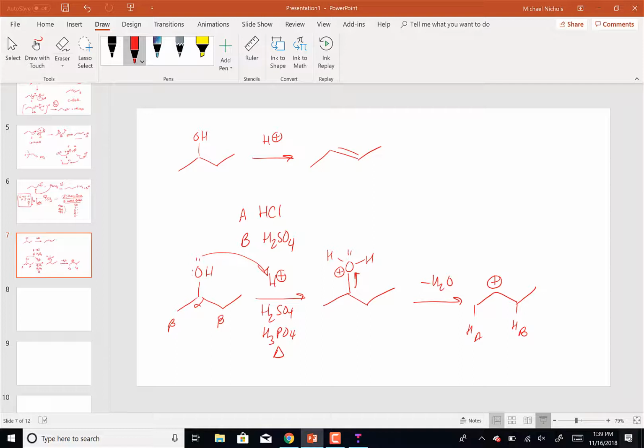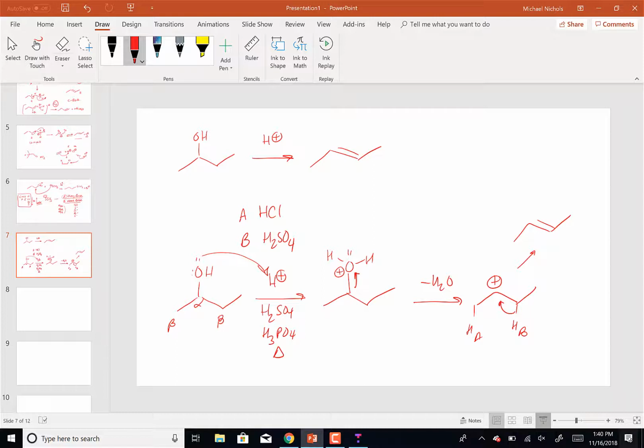So which hydrogen do I lose to form the major product? Is the major product going to come from losing HA, or from losing HB? HB? We all agree on that? Because then you'll form the more substituted double bond.